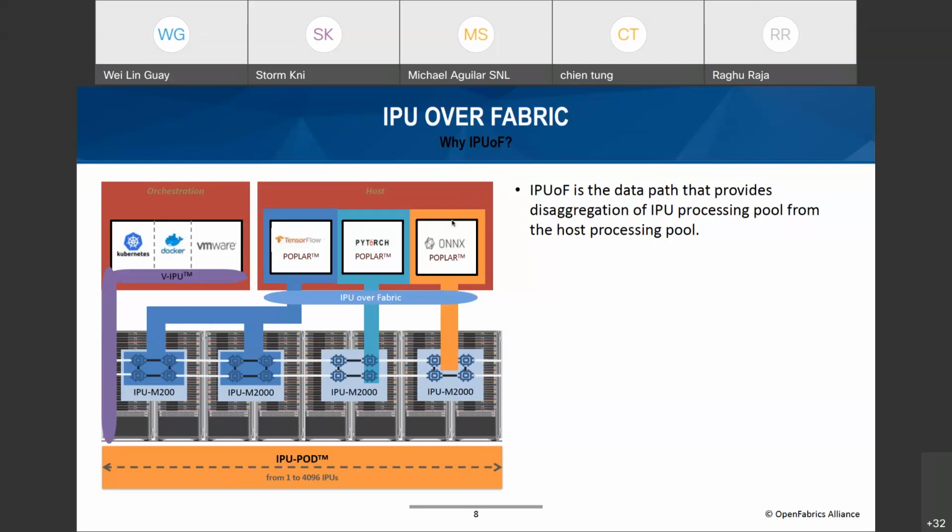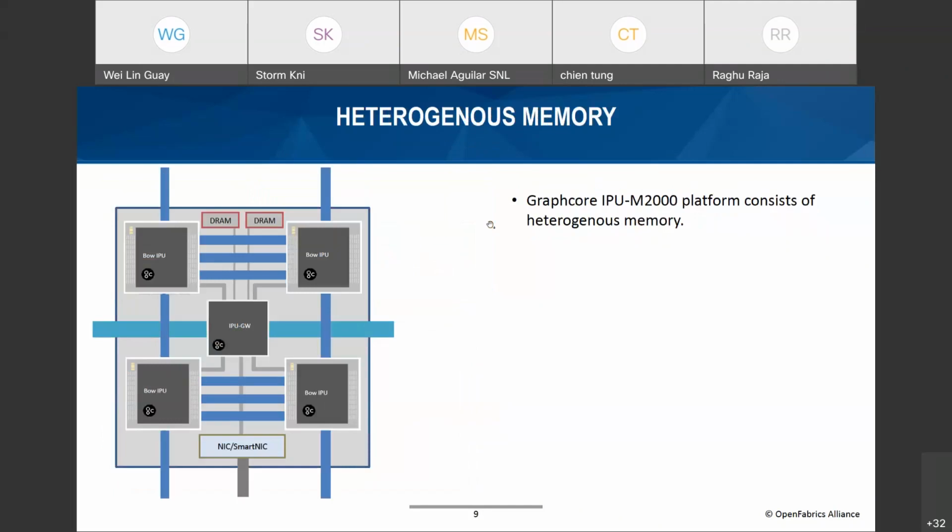But with the disaggregation, we can support different requirements of graph computations, so we have a more flexible way. And I'll leave it over to Weilin to talk about heterogeneous memory.